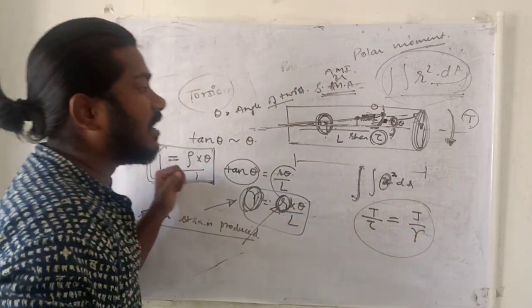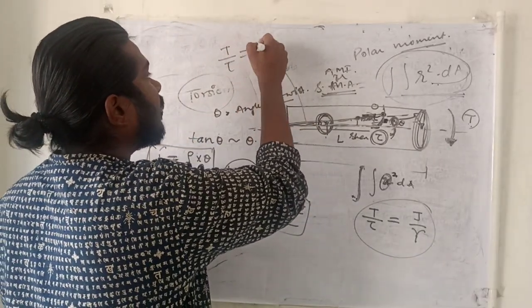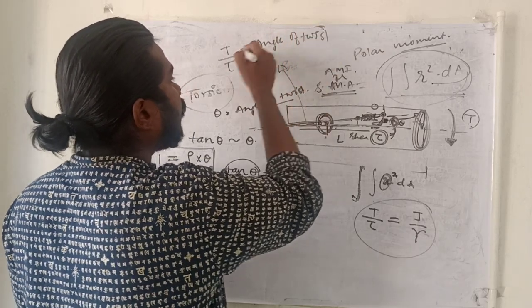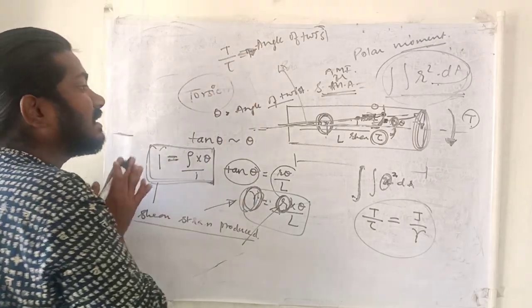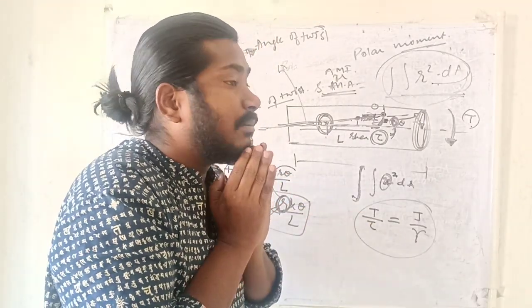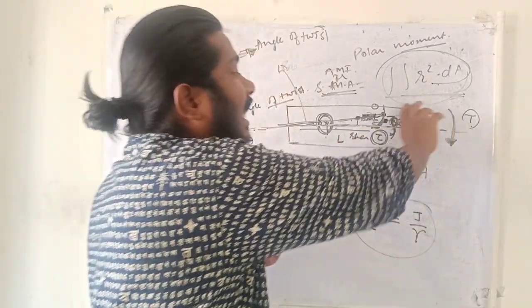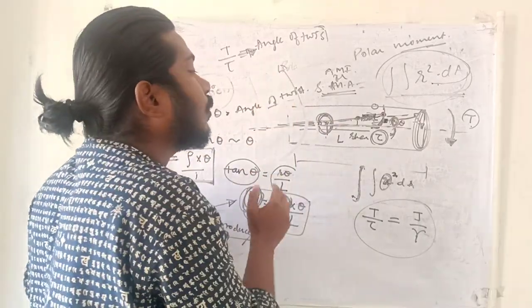Because of this imbalance between T and tau, we get the angle of twist. The imbalanced shear stresses are generated because of the imbalanced torque. At this position, I have got the higher value of torque. At this position, I have got the lesser value of torque, or maybe zero torque.